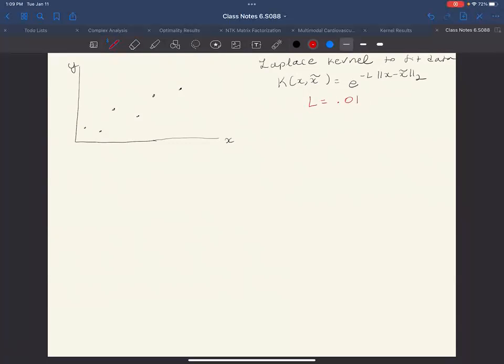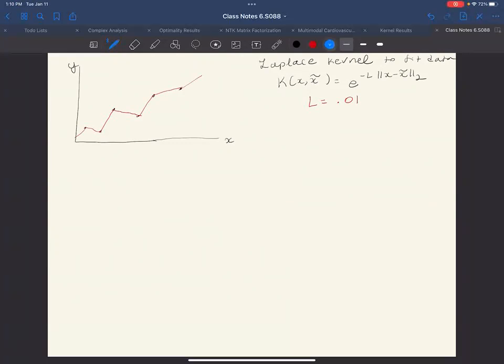When L is super small, the Laplace kernel actually has an interesting shape, and I encourage you all to try varying values of L and see how it looks. When you take L to be very small, what you'll see is that it simply connects the dots and keeps going, like this. It does this very tight interpolating solution where it doesn't waste any space going outside of the range of the training data crazily.